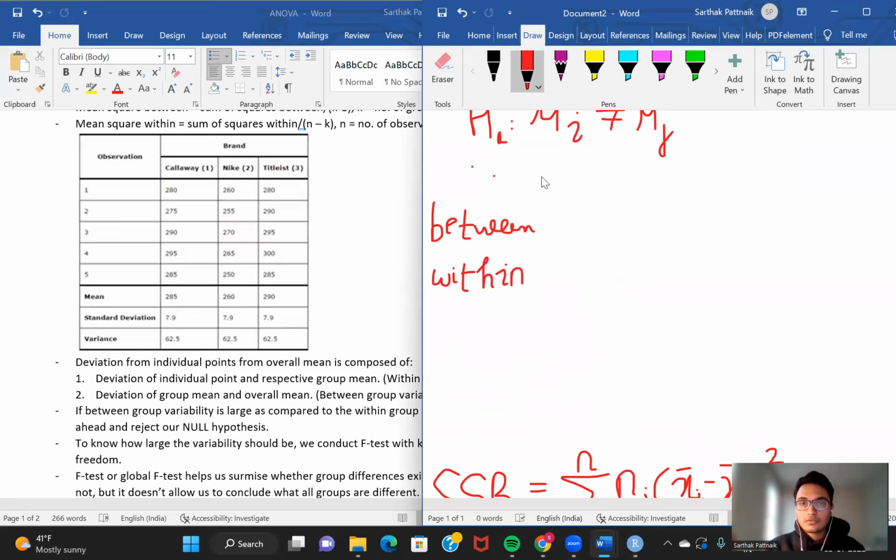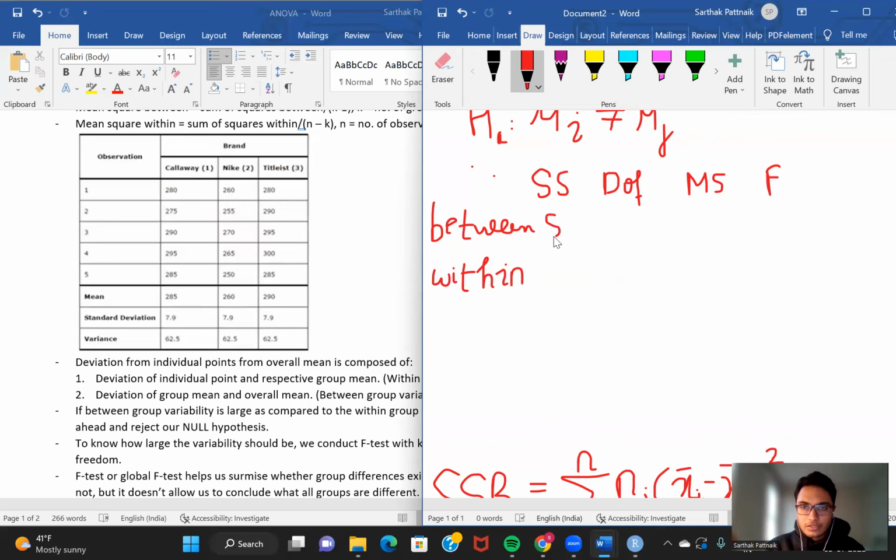For both of them, we will write sum of squares, degree of freedom, mean square and your F statistic value.